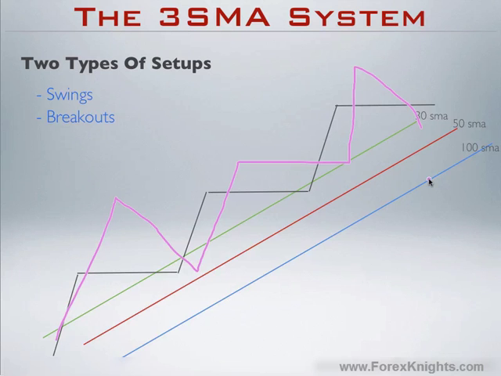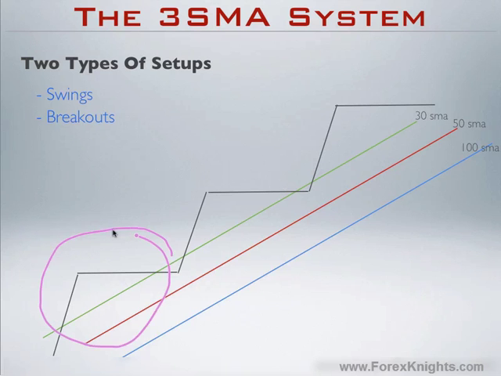So you can find combinations of both swings and breakouts within the same trend, and that's why I want to explain both approaches, so you are prepared, you are ready to trade whichever of the two types of setups you find on each consecutive wave, on each consecutive swing.